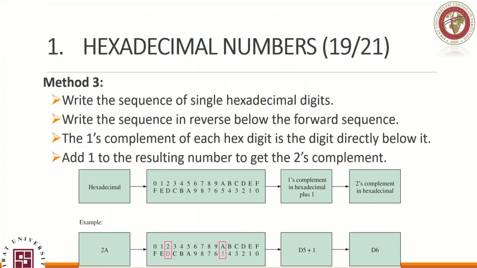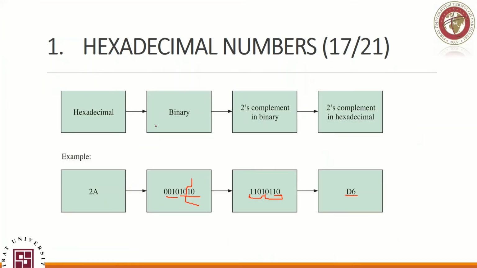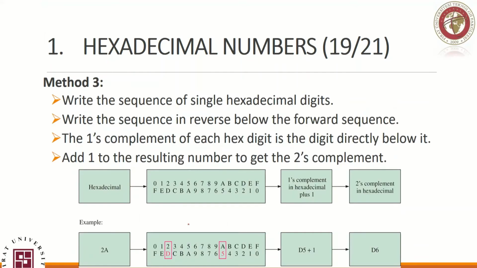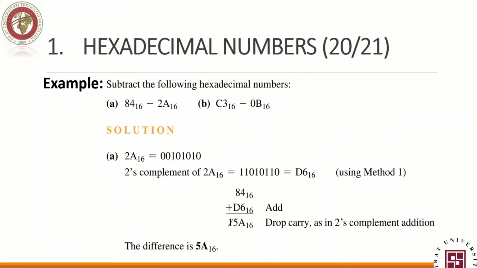Use whichever method you see is suitable for you. If you like to change to binary and take the 2's complement, that's up to you. If you want to subtract the number from the maximum, that's up to you. If you want to use this method, also up to you. It's totally up to you. Choose whichever method you like in the application. All right, so here what we are going to do is something like this.